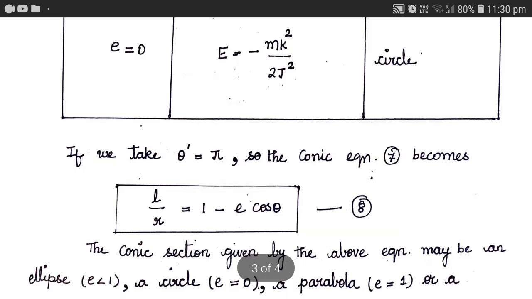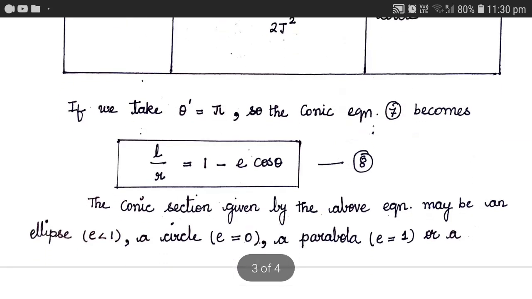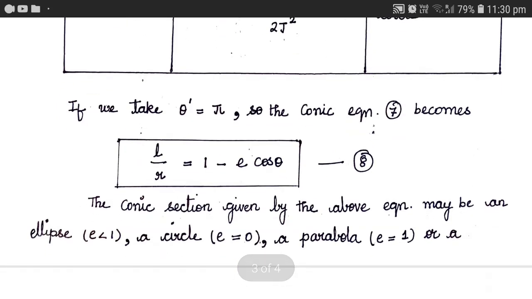Here, to make things very simple, we are going to take theta prime equal to pi, then our conic equation 7 reduces to L by R equal to 1 minus E cos theta.